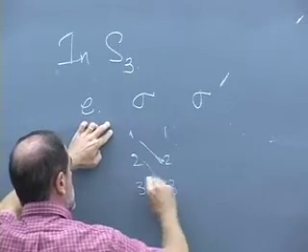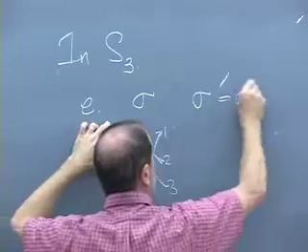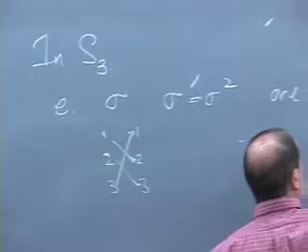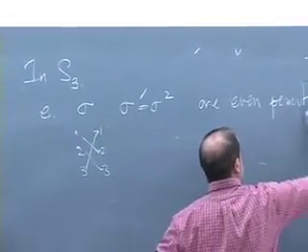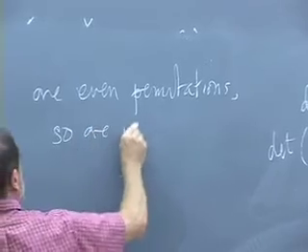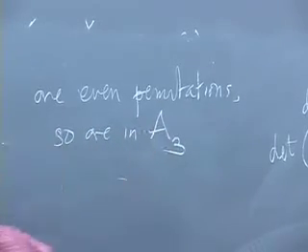This is sigma. And sigma prime, which is its square, are even permutations, so they are in the subgroup that I called A3.